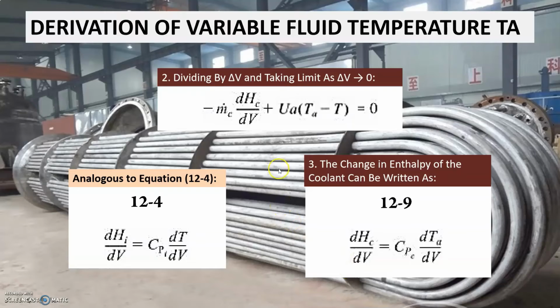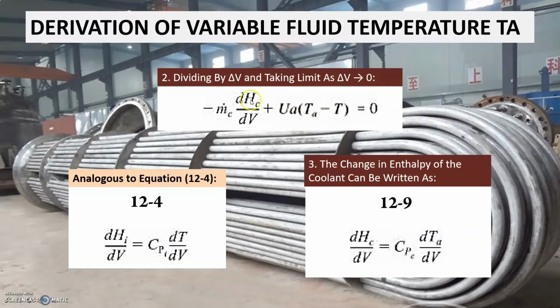And now we do some maths. If we move this Ua times Ta minus T to the right hand side, we get negative Ua times Ta minus T. And then we divide this by the negative mc. So we get dHc over dV equal to Ua times Ta minus T over mc. And then we divide both sides by Cpc.